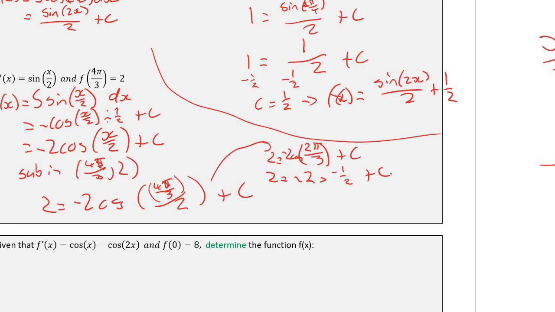So what's negative 2 times negative a half? Positive 1. So C equals 1, which gives us my original function has to have been negative 2 cos x on 2 plus 1.